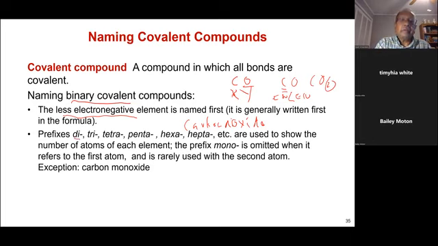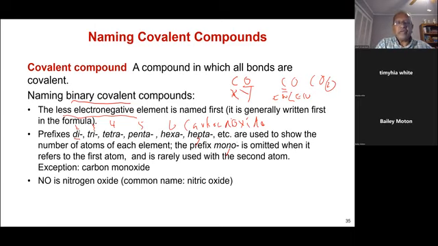Prefixes: di is 2, tri is 3, tetra is 4, penta is 5, hexa is 6, and so on. Mono is 1. So you tell the subscript of each atom: dioxide, trioxide, tetraoxide. Nitrogen oxide is the name. We don't call it nitrogen monoxide, just nitrogen oxide.